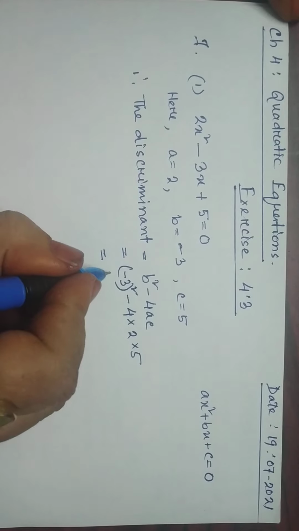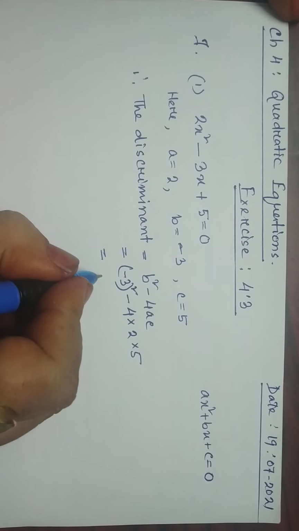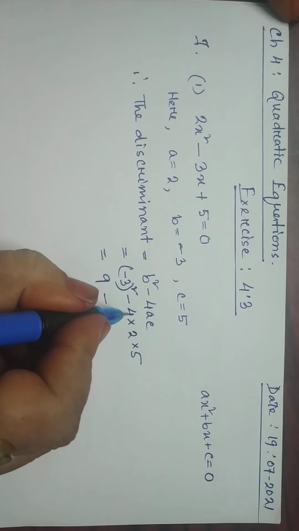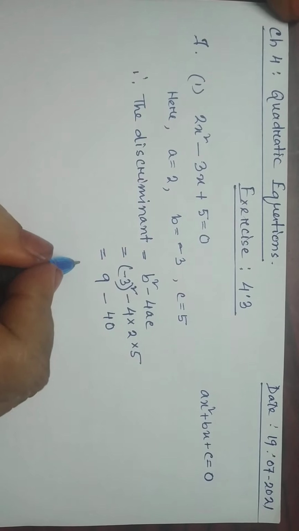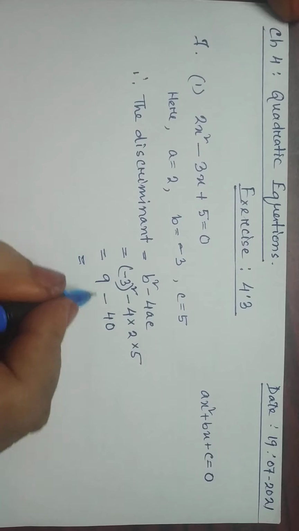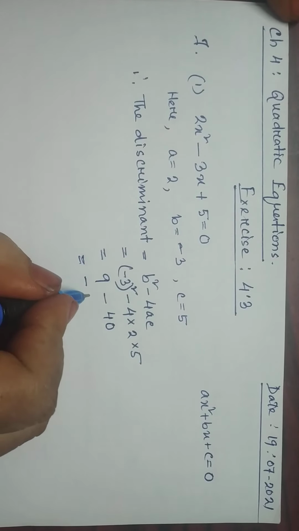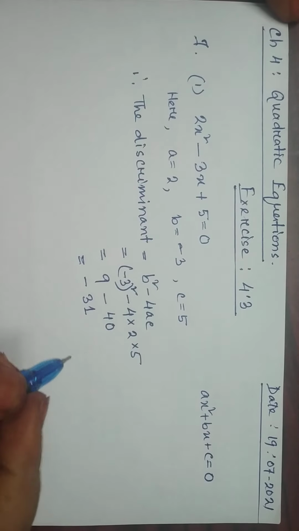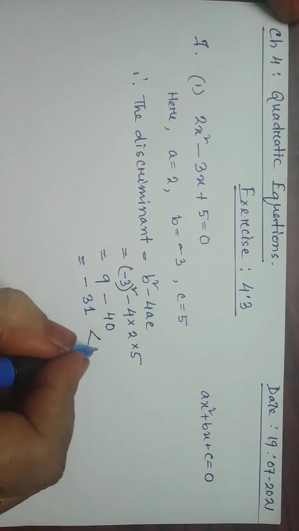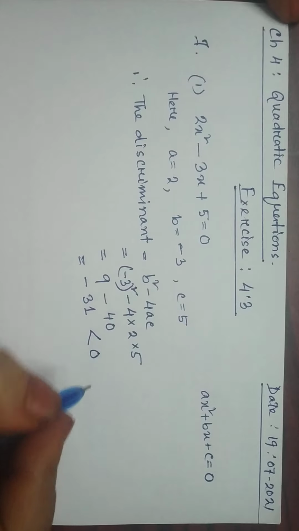Therefore minus 3 square means plus 9 minus 40. That means the discriminant, b square minus 4ac, is minus 31, which is negative, that means less than 0.